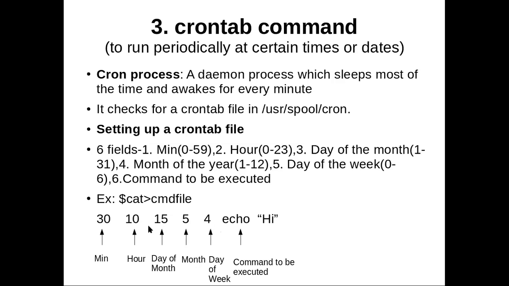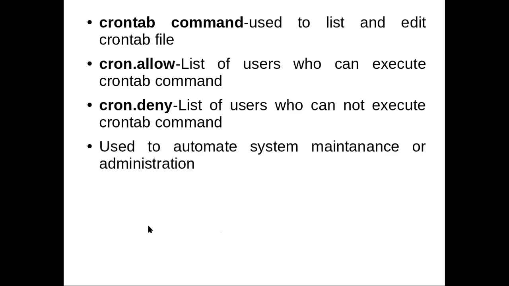We have set the crontab file, and in order to list and edit the crontab file, we use the crontab command. The crontab command is used to list and edit your crontab file, and it will copy the crontab file into the directory which contains all the users' crontab files.